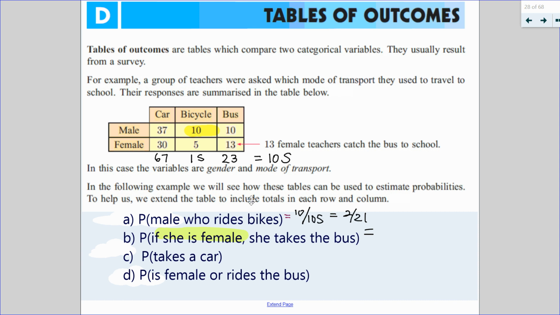So you don't want to have a denominator of 105. The denominator is going to be female teachers. So if you add up the females that were surveyed, it looks like we have 35 plus 13. We have 48 female teachers.